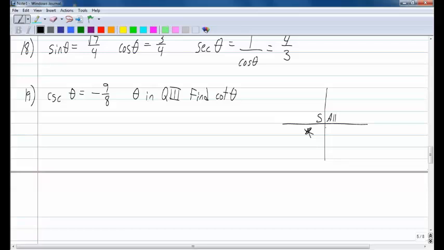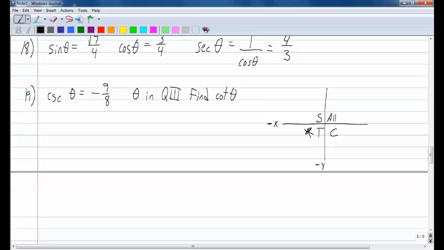When we find the cotangent, is the answer going to be positive or negative? Positive, because we're in the third quadrant and cotangent is positive down there. Now keep in mind that in the third quadrant, the x values are negative and the y values are negative. So if we have to solve for y or for x to work this out, then we have to make sure we make them negative.